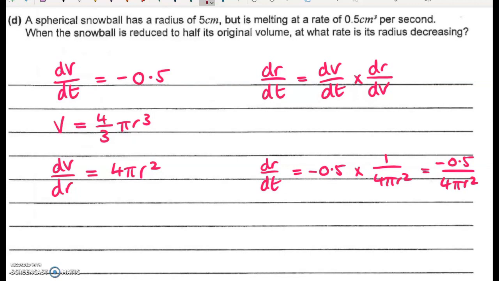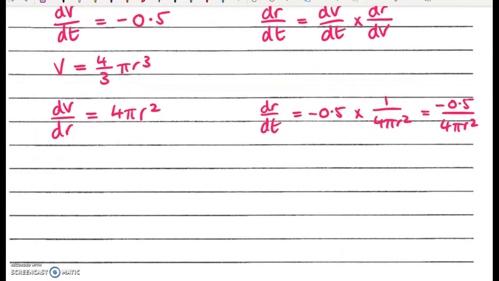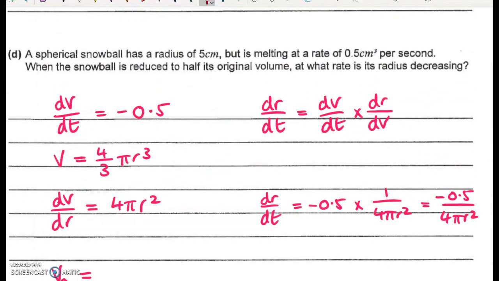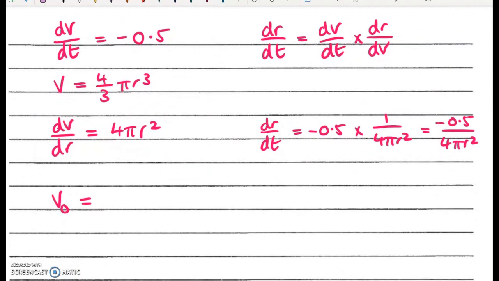To know what r will be, our initial volume, which I'm going to call v0, our starting point, was that the radius is 5. So if we put 5 into the formula for working out the volume, we will end up with 500 pi by 3. So half the volume will be equal to 250 pi by 3.